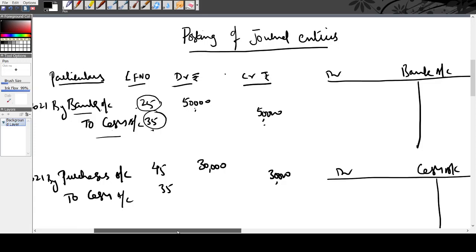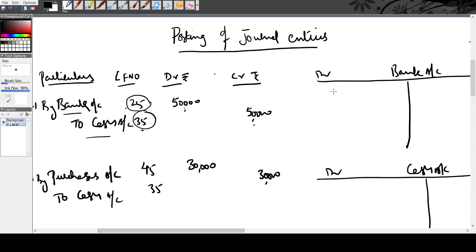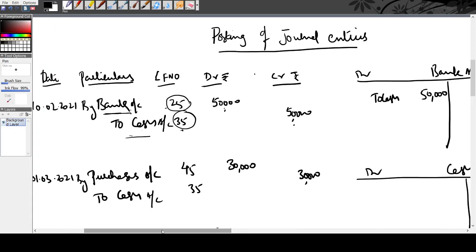In the bank account I have to debit 50,000. So I'll go here, I'll write debit 50,000. Bank account is in debit in this journal entry. Opposite of debit is credit, and what is written in credit? It is to cash. So I'll write to cash here. I'll write the date also here, 10th February 2021, to cash.